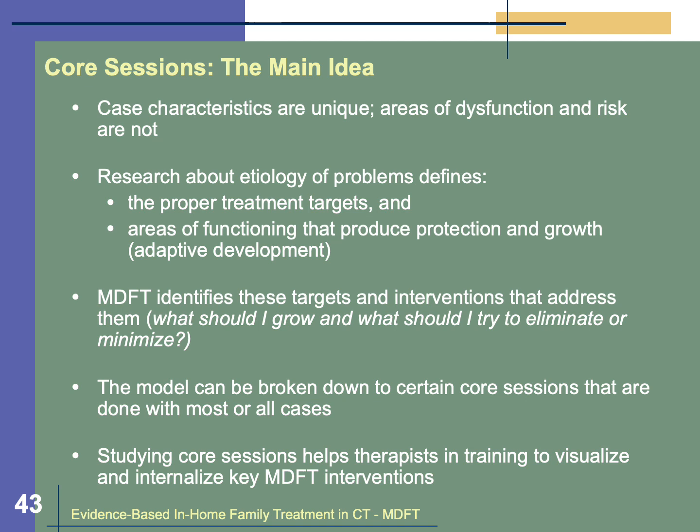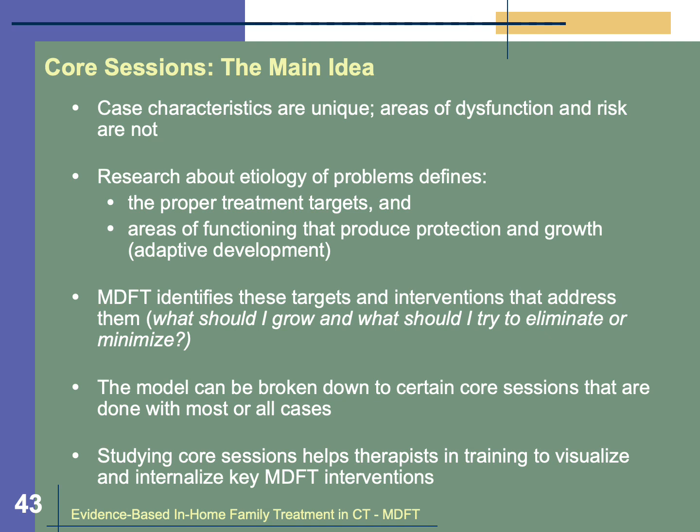But then we look at what the problem is and how to define treatment targets. So if a child is using weed, for example, with their friends, we don't target the weed because the friends are also part of that. So this is where we have to take a multidimensional focus.